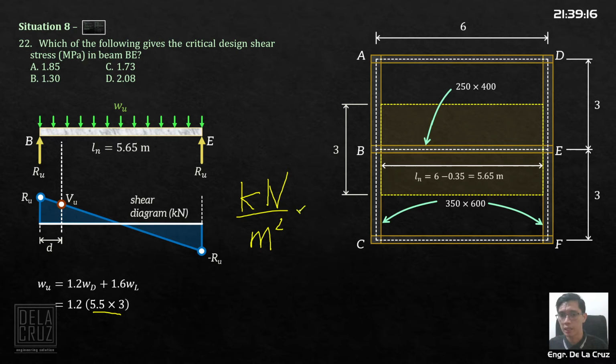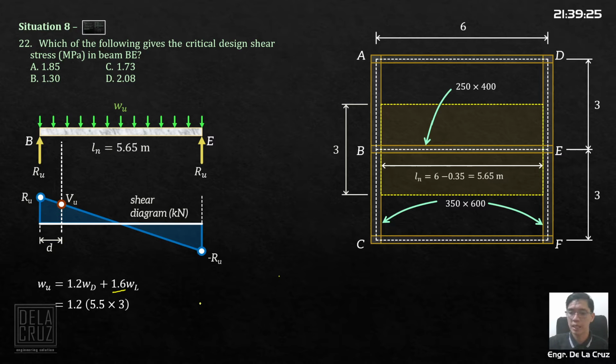Then, nag-multiply tayo ng 3 meters. Cancel. So, magiging kilonewton per meter yung unit dyan. Then, sa live load naman, 1.6, 4.8 kilopascal. Same tributary width na 3 meters. Then, the WU is 42.84 kilonewton per meter yung ating unit.